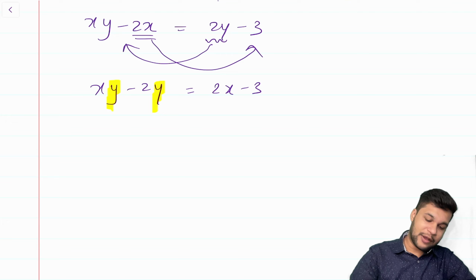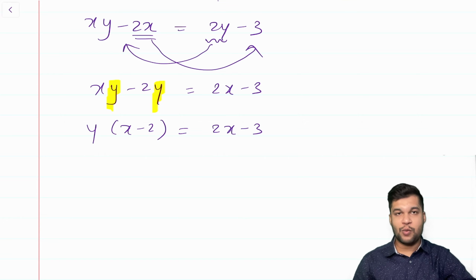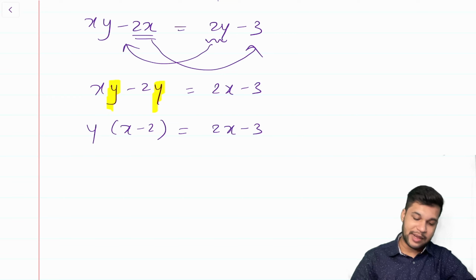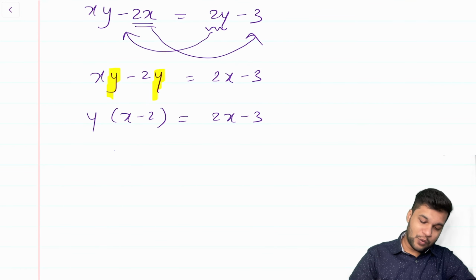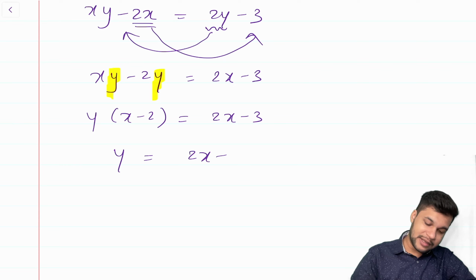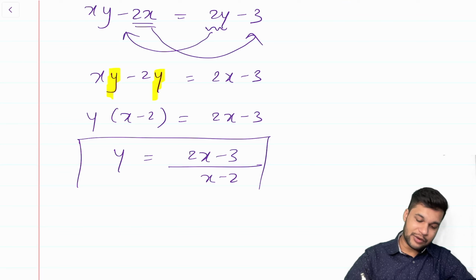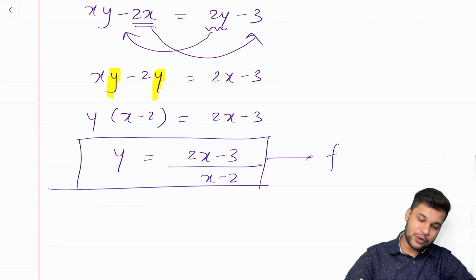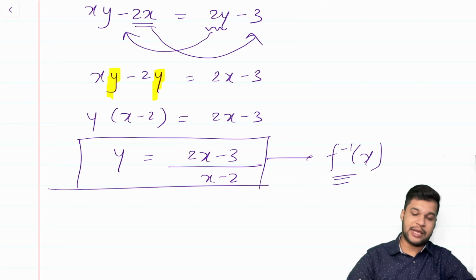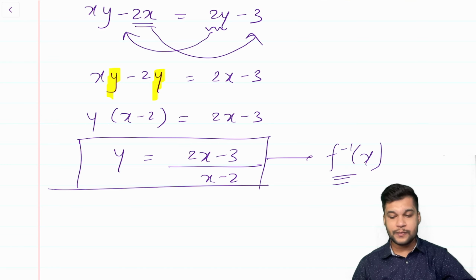So you get y times (x minus 2) equal to 2x minus 3. So y will be equal to (2x minus 3) divided by (x minus 2), right? So this is your inverse function. This is your f inverse x.